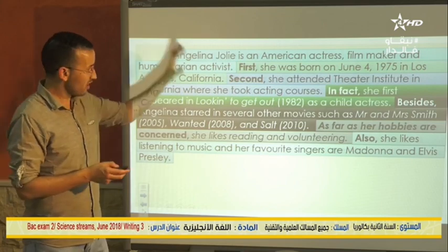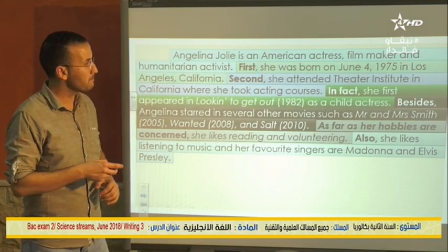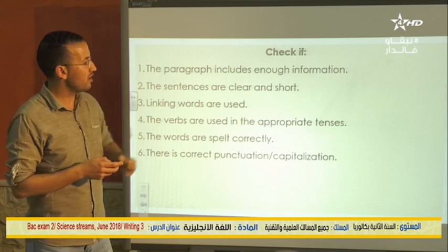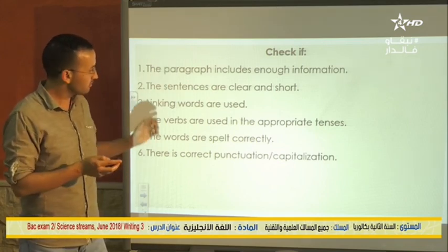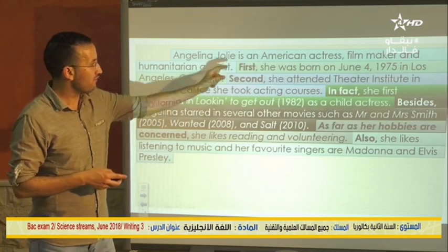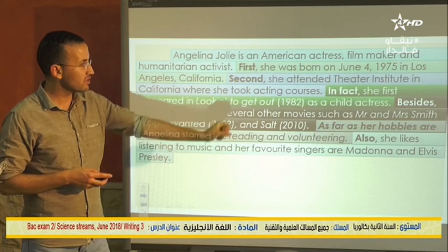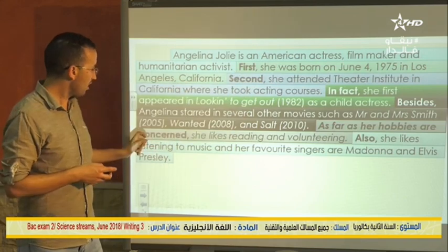And the same goes for the other sentences. Next one is linking. Let's see if we included linking words. Okay. Here we have first, second, in fact, besides, as far as her hobbies are concerned.